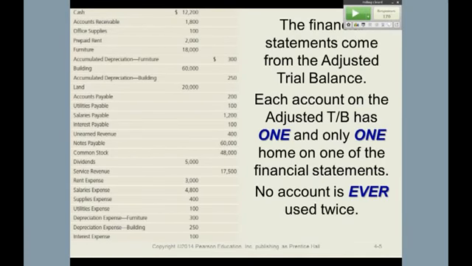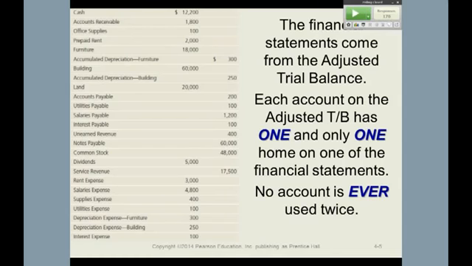I'm just going to review this with you, and that's what this book does. It tends to review a lot. We're going to review taking the accounts from the adjusted trial balance, making sure they go into the correct financial statements, and understanding that the statements articulate.